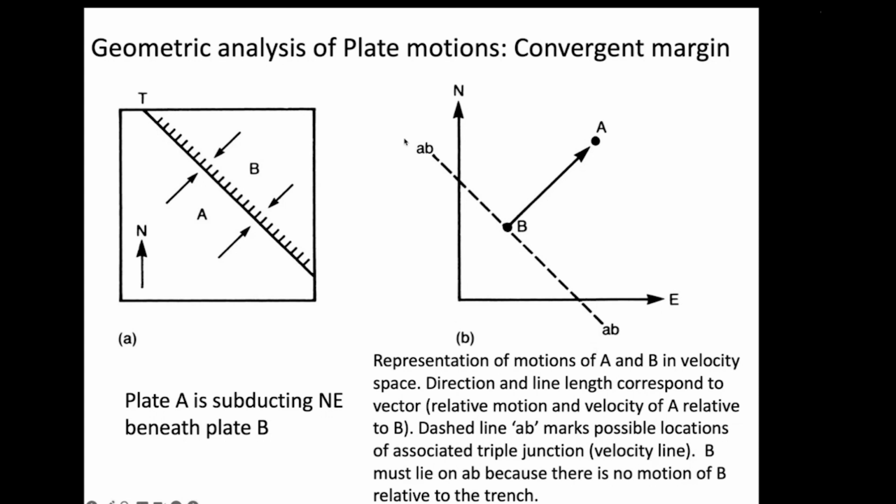The dashed line AB marks the possible locations of associated triple junctions, called the velocity line. It's confusing because this is actually showing the velocity, but for some reason, they call this the velocity line. So B must lie on AB because there's no motion of B relative to the trench. Does everybody see that?